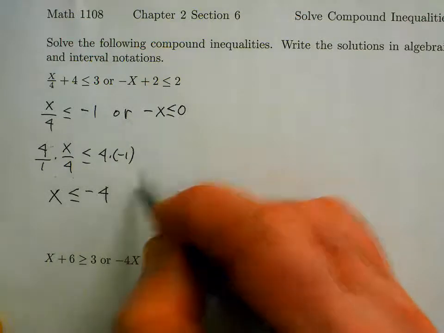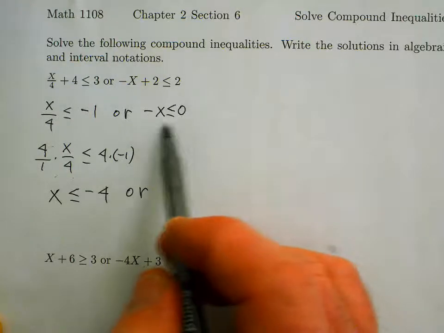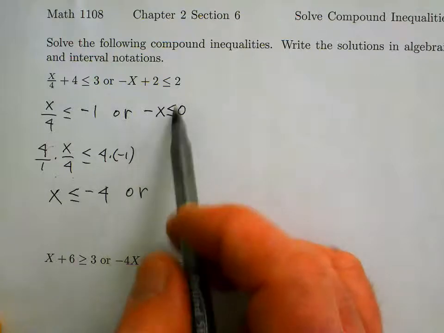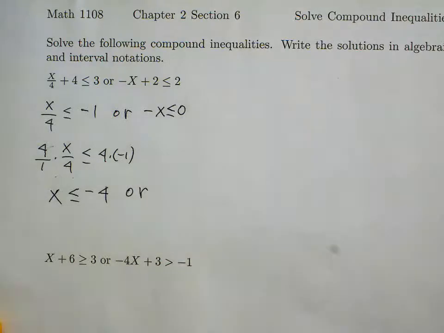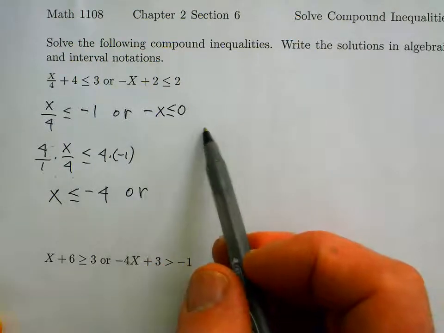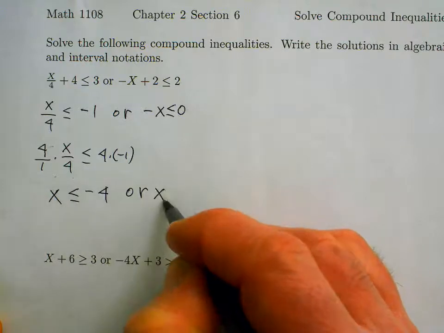Then we're using the word or, so we're just one step away from solving this inequality for x. If -x is less than or equal to 0, if we divide both sides by -1, we can write x on the left.